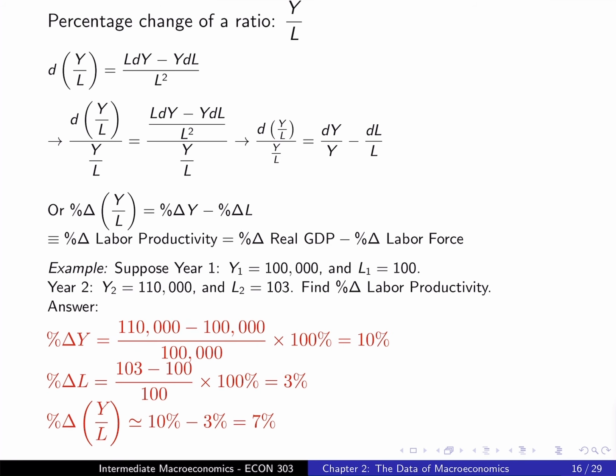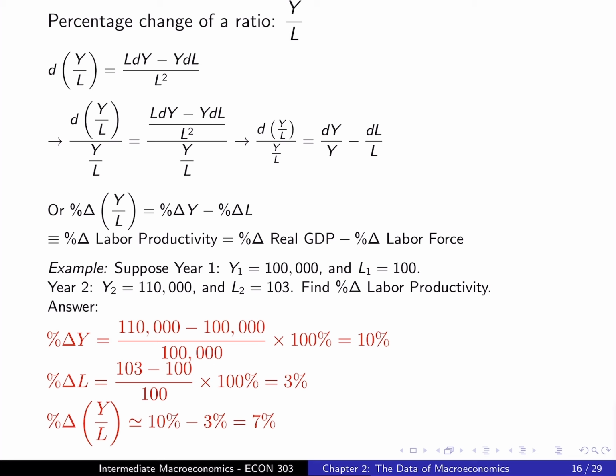Let's look at how to compute the percentage change of a ratio, specifically labor productivity, which is given by Y over L, where Y is real GDP and L is labor force. Taking the total differential, d(Y/L) equals (L dY minus Y dL) over L squared.